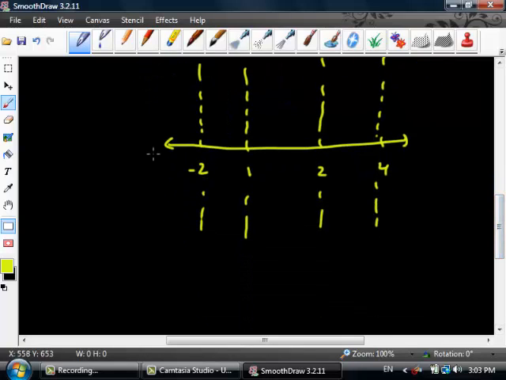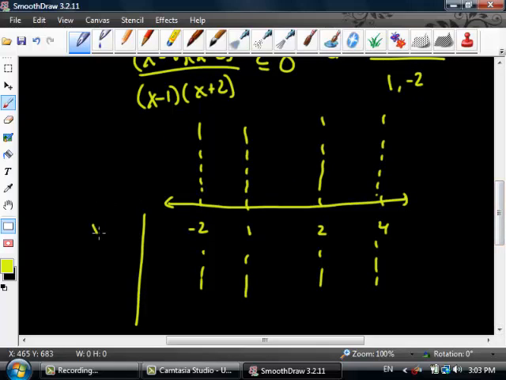Alright, so now my factors were x minus 1, x plus 2, x minus 4, and x minus 2. Negative 5 trillion is going to give me 4 negatives. Between negative 2 and 1, 0 is going to be negative, positive, negative, negative.